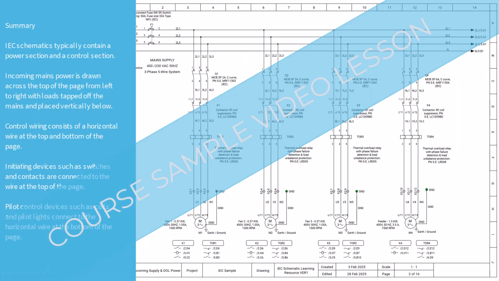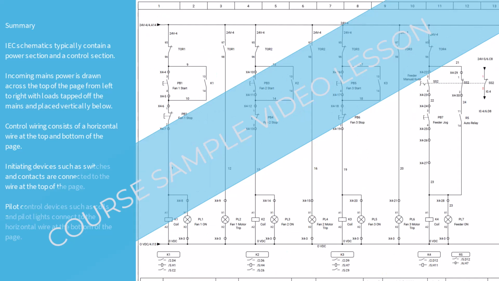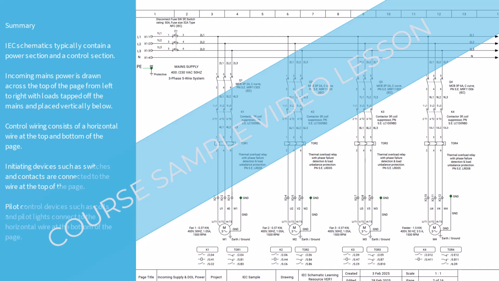In summary, IEC schematics typically contain a power section and a control section. Incoming mains power is drawn across the top of the page from left to right, with loads tapped off the mains and placed vertically below.